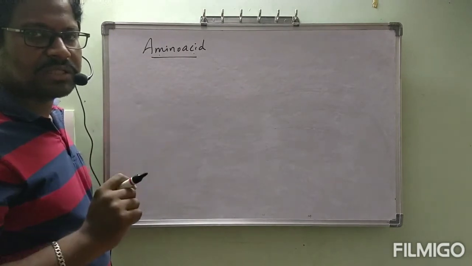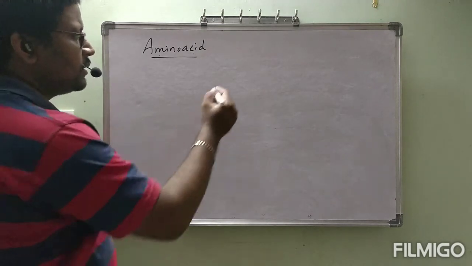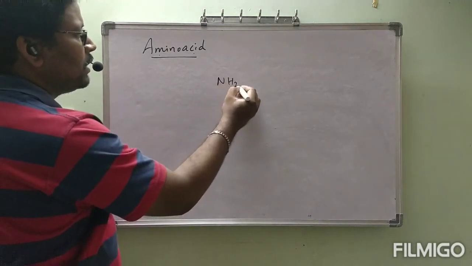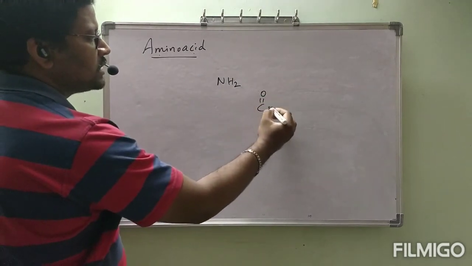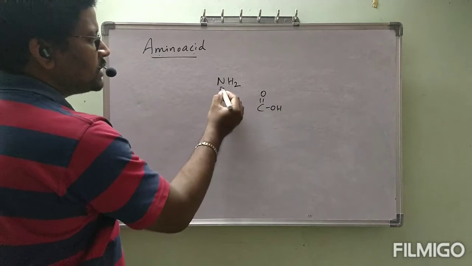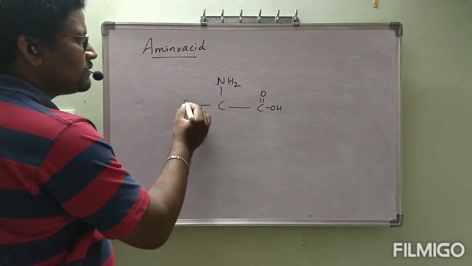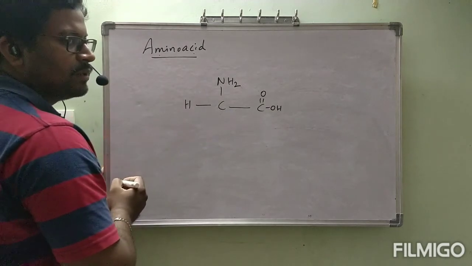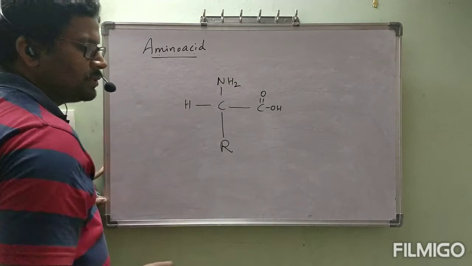That type of molecule is called amino acid. What is the amino group? NH2. What is the acid group? COOH. These two are attached to one carbon. Next, H will be one more group, and finally this is the R group.